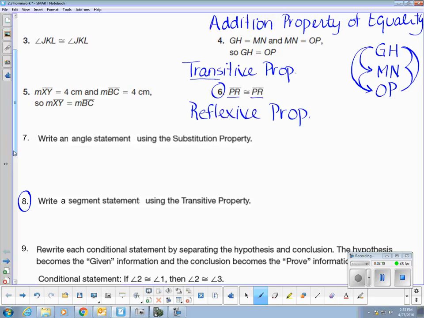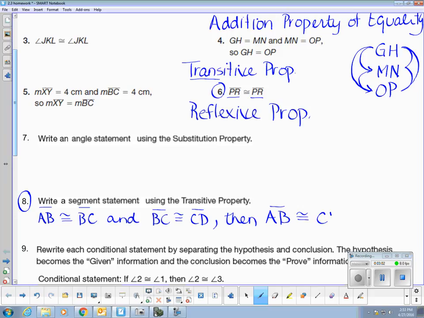I might write something that says, if segment AB is congruent to segment BC, and segment BC is congruent to segment CD, then segment AB is congruent to segment CD.